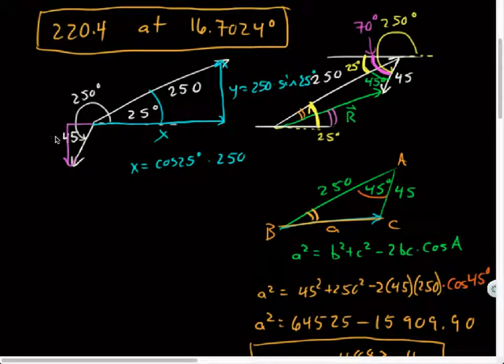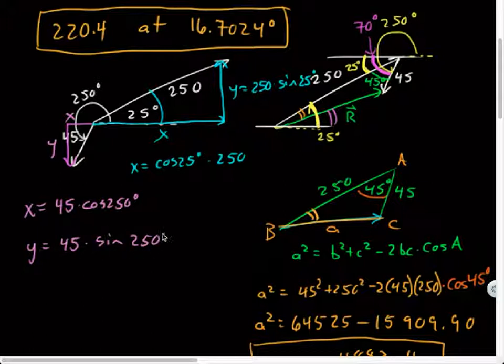For the pink one here, x would equal 45 times the cosine of 250 degrees, which, by the way, cosine is negative at 250 degrees, and y would equal 45 times the sine of 250 degrees, in order to find those components.